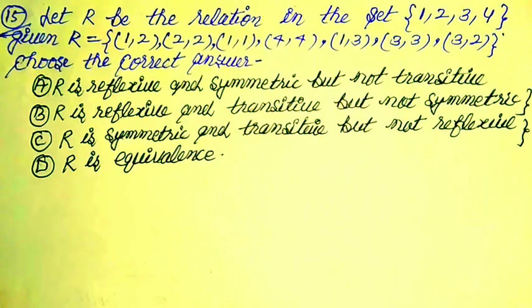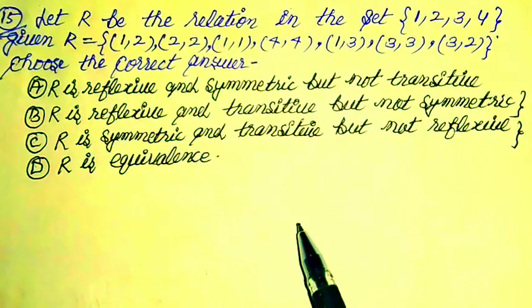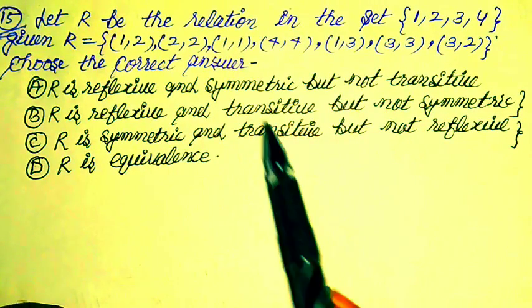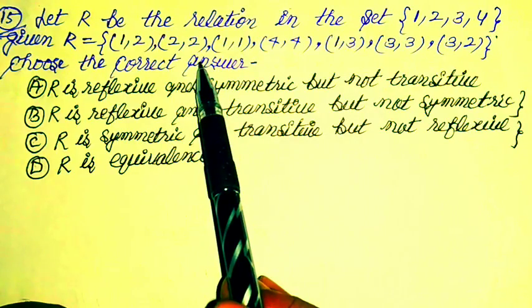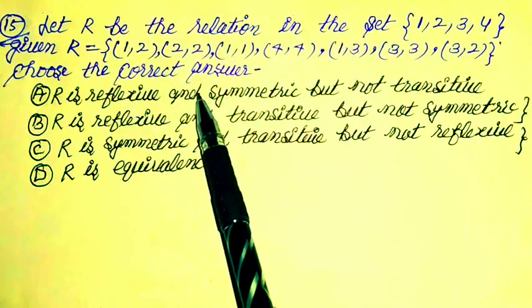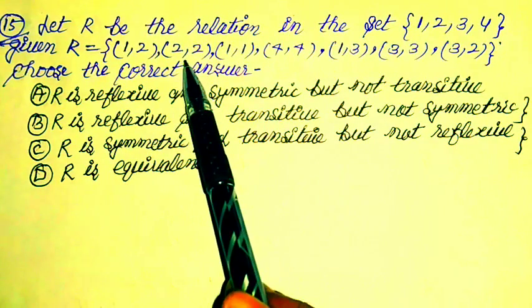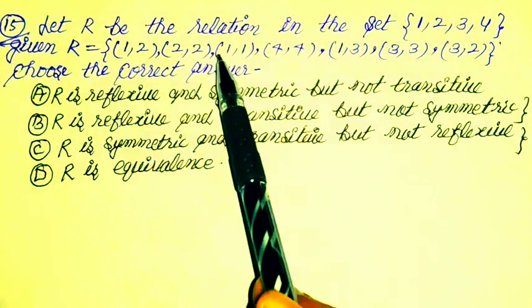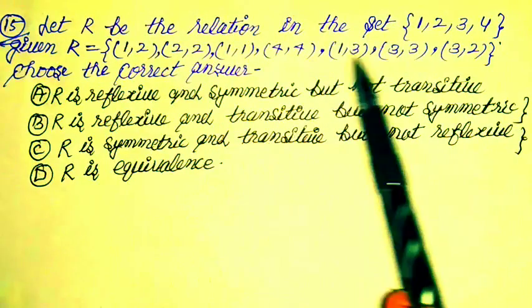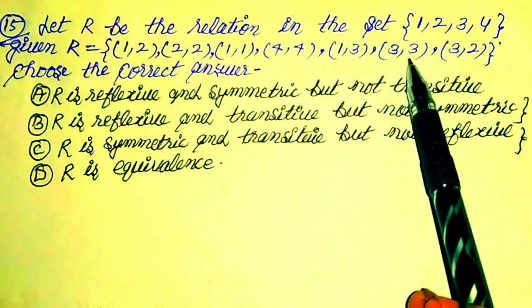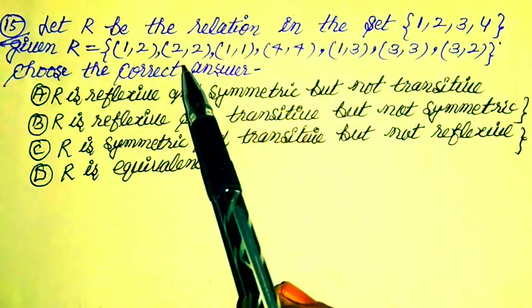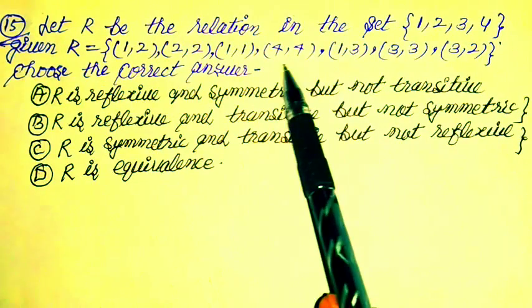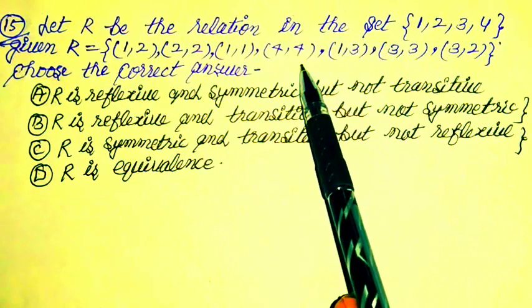So let's see. First we will check whether it is reflexive or not. For reflexive, we need each pair (1,1), (2,2), (3,3) and (4,4) in this relation. So we can say it is reflexive.